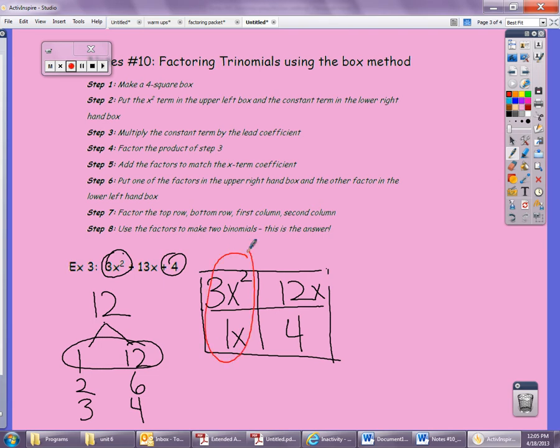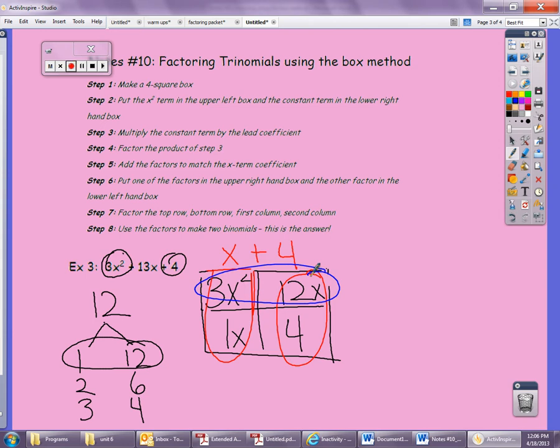So what do these two have in common? It's going to be x, we put it up here. And what do these have in common? 4. So now what do 3 and 12 have in common? 3.